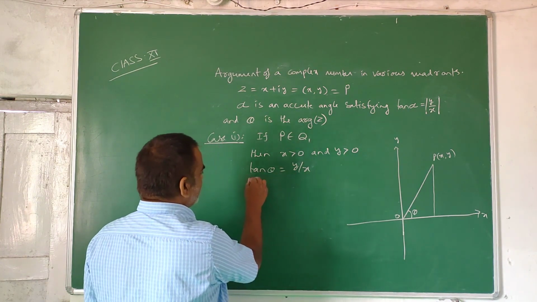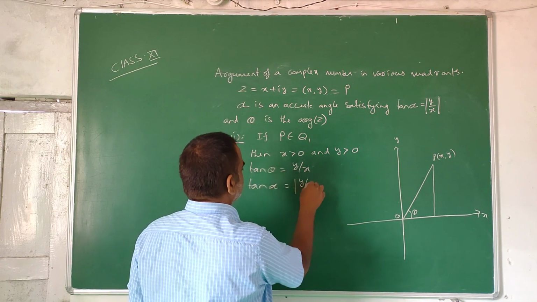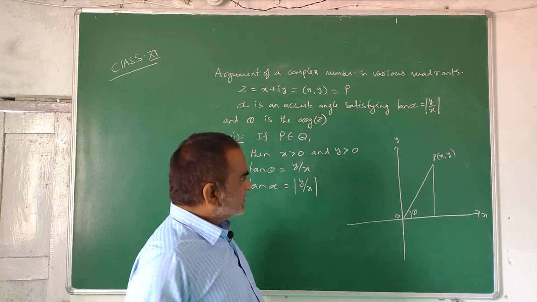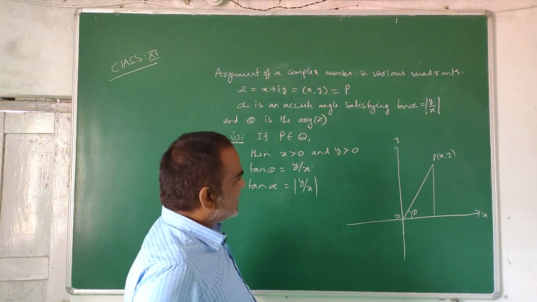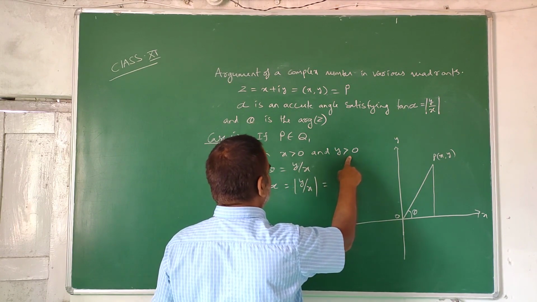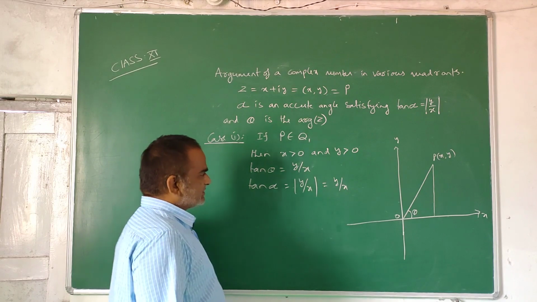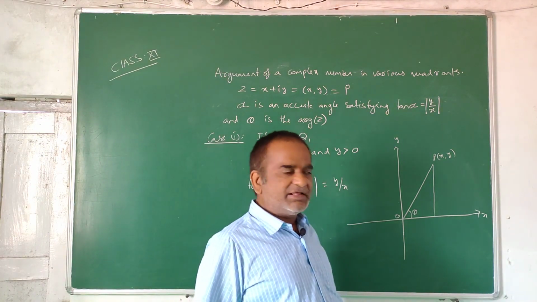And here I define tan alpha is equal to mod y by x, where x is greater than 0 and y is greater than 0. So mod y by x is nothing but y by x. Are you following, dear students?